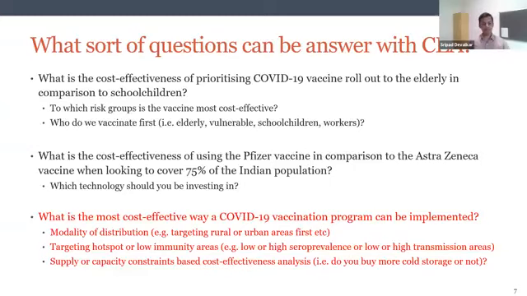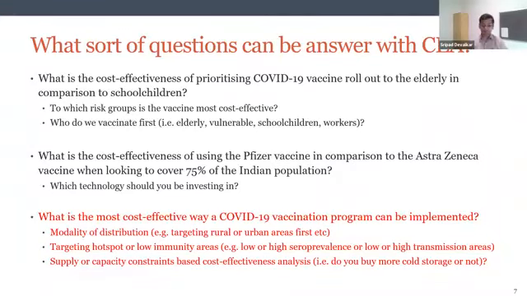The specific question that we set out to answer in this work is, given a specific vaccination, what's the most cost-effective way of implementing that vaccination? For example, should we be targeting rural or urban areas first? Should we be targeting areas which are hotspots where the disease is showing rapid increase, or should we be focusing on areas where the disease hasn't already spread, because that's the region where there is a significant section of population that is potentially vulnerable to infection, right?